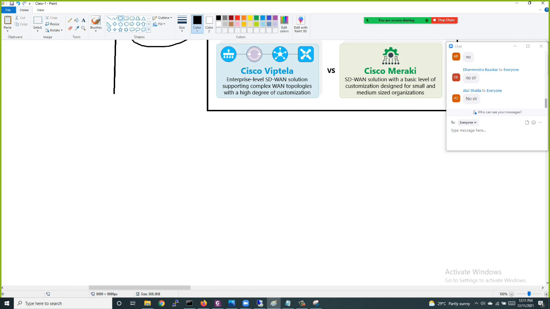In the case of SD-WAN also, configuration and everything will remain the same, but how two sites are going to communicate, that will be the crux of the change here. So I hope you are clear with this. Any problem, you can let me know.